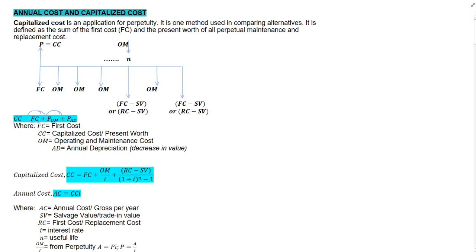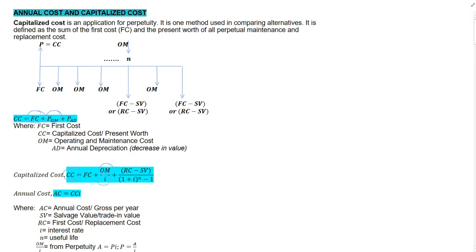If we are going to expand the capitalized cost, the formula for that is just equal to the first cost plus the operating and maintenance cost divided by I, which is the interest rate, plus the RC minus SV.